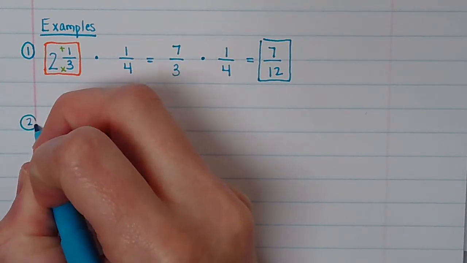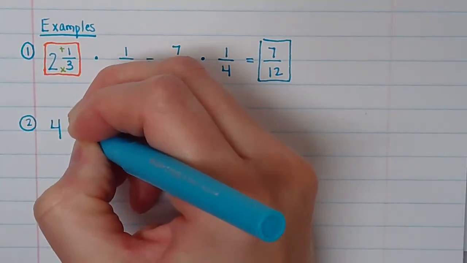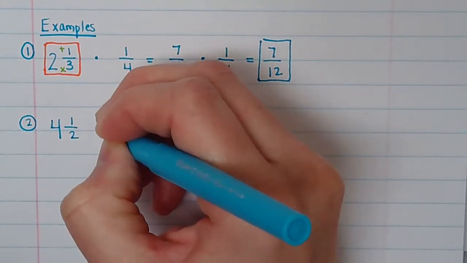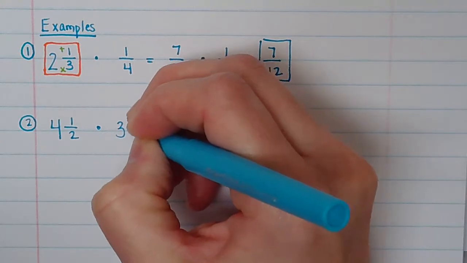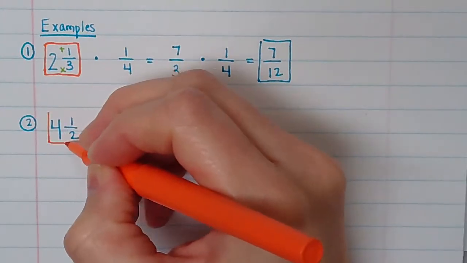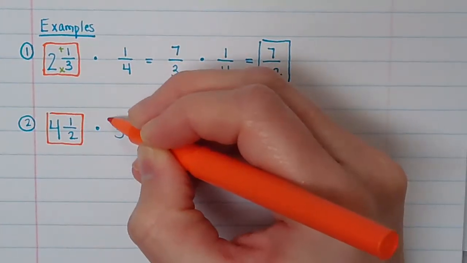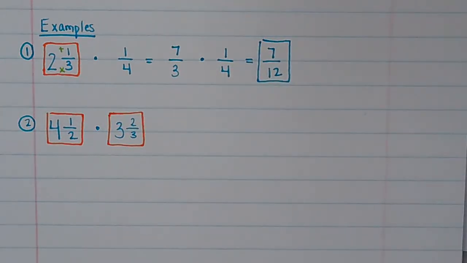All right, let's try another one. Let's do 4 1/2 times 3 2/3. Now this time, both of these have to be changed because both of them are mixed numbers. Can't be doing any multiplying with mixed numbers or whole numbers, so I need to change them to fractions.